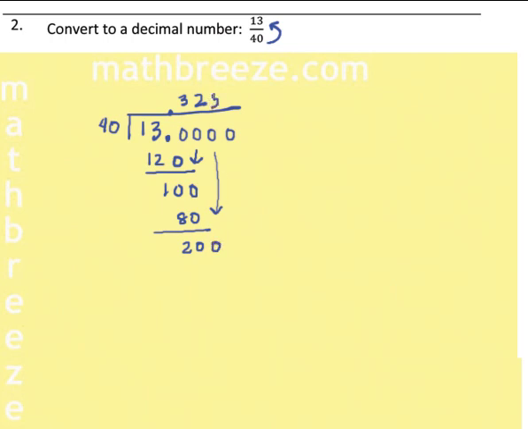And 40 goes into 200 exactly 5 times. All right, we didn't need that last placeholder. We only needed 3 decimal places. So there's our quotient, or the decimal equivalent of 13 over 40.